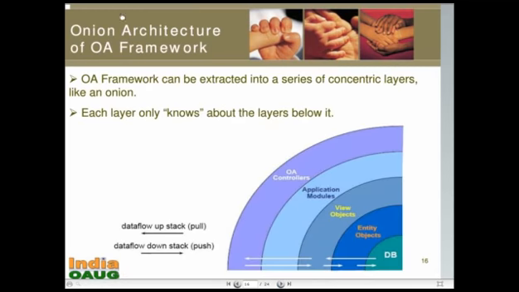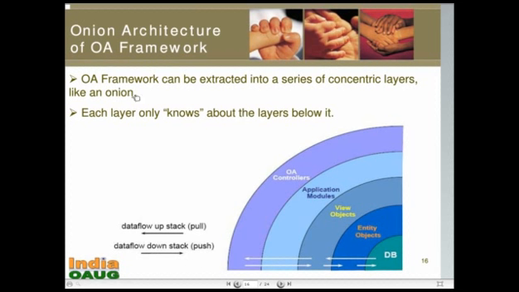This is also important: the onion architecture of the OAF framework. The OAF framework can be extracted into a series of concentric layers like an onion. Whatever components you are using inside the OAF framework are like the layers of an onion vegetable.